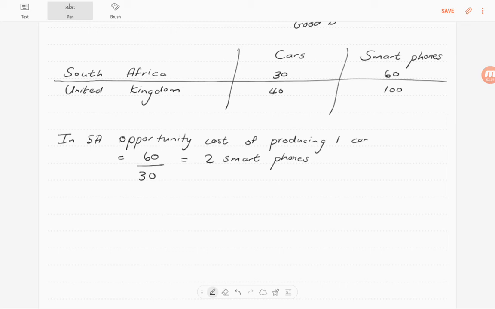That means in order to produce one more car, South Africa must forego or give up 2 smartphones.